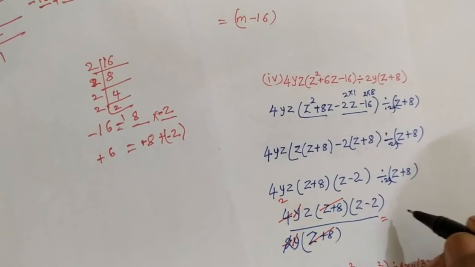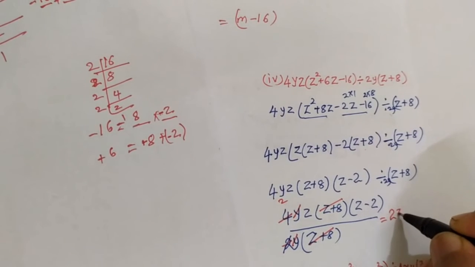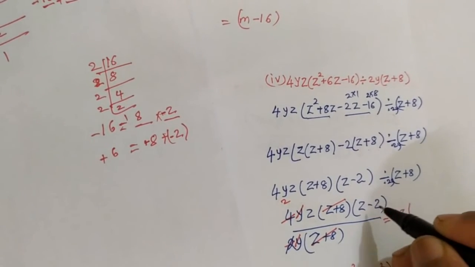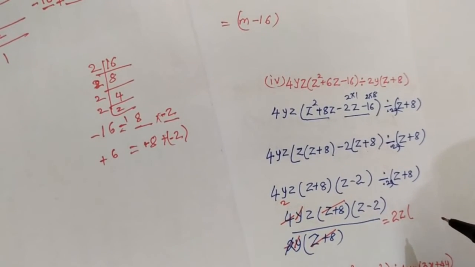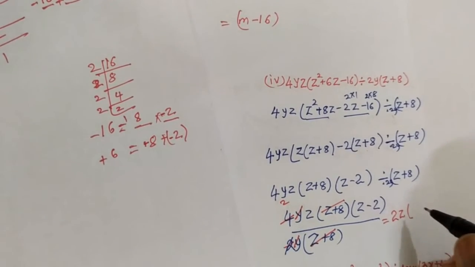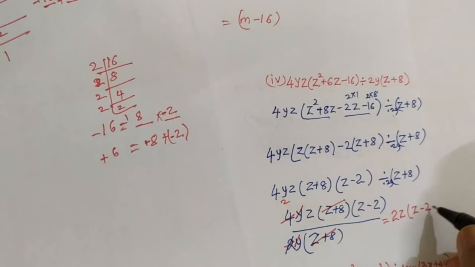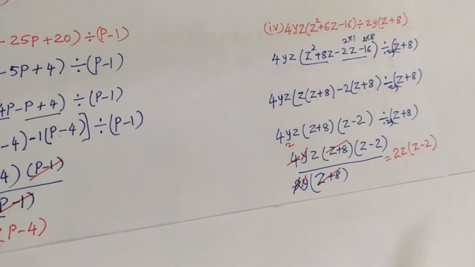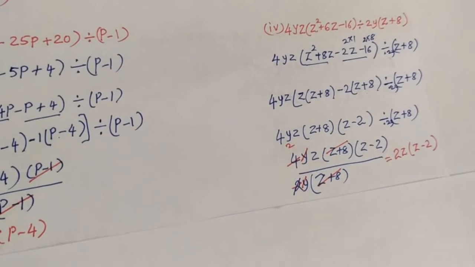So what is the answer remaining? 2z into the bracket z minus 2. So 2z into z minus 2 is the answer.